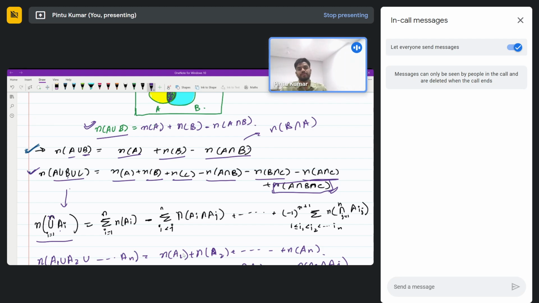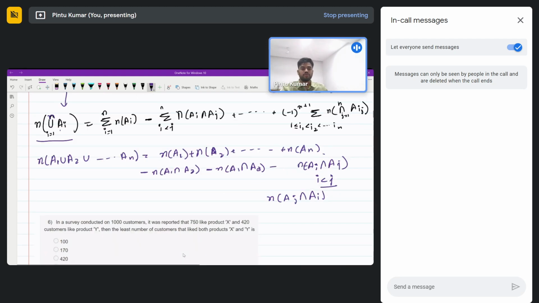You just wrote it once, right? So that's what we are trying to do here also: we will write each intersection only once. That's why we are imposing an extra condition that I should be strictly less than J. So you will subtract all the intersections of two sets, with the condition that I is less than J.